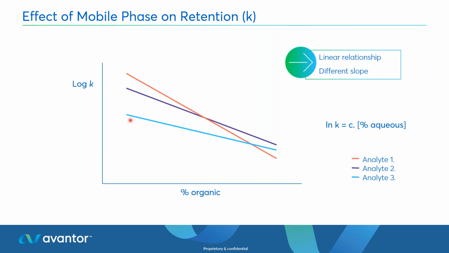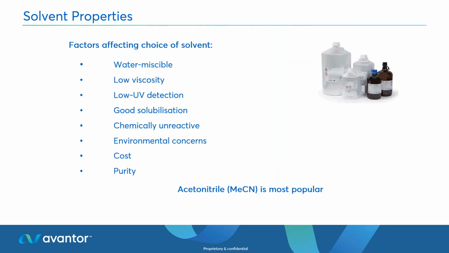Say you want to purify this analyte 3, then if you chose a very high percentage aqueous, then you would have a better gap between your peaks. So you can see you've got a clear relationship between your percentage organic and both the selectivity and the retention.